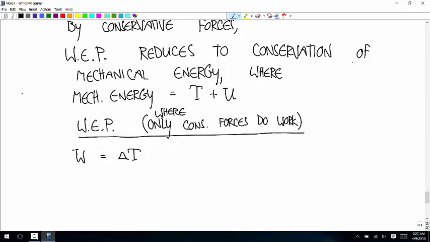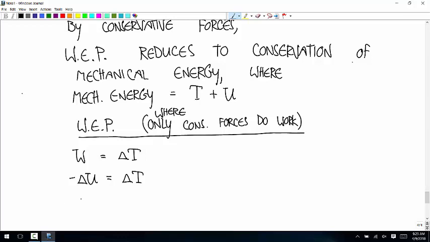If all you have is conservative forces, then the work is equal to the negative change in potential energy, U. And that's equal to the change in kinetic energy.